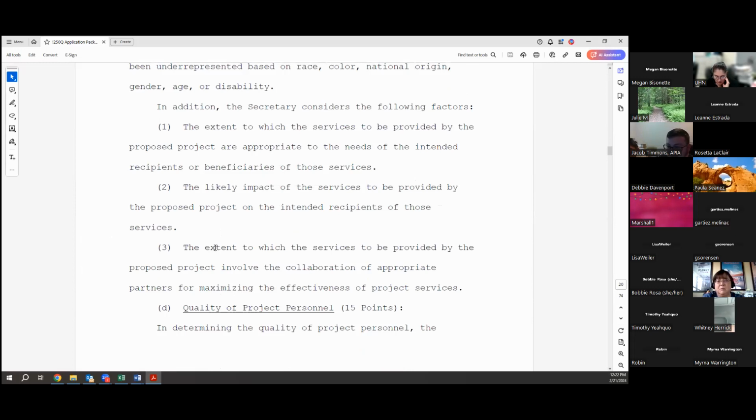So we can move on to quality of project personnel, or, because I know there are some folks that are getting close to having to turn in things to their council or administration, if anybody has any hot burning questions right now, we can field those or we move on.